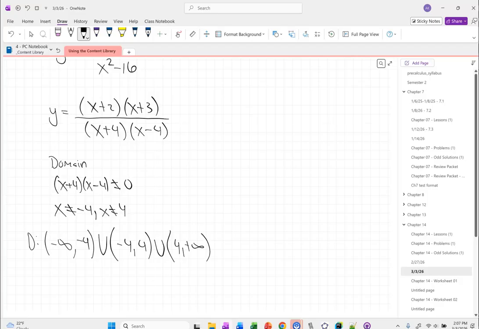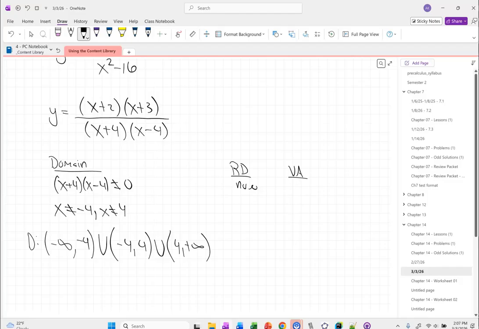Perfect. Okay, no removable discontinuity, we mentioned that already, and why? Because you can't reduce the denominator. Correct, because there's no reducing from the denominator, so no removable discontinuity was created.